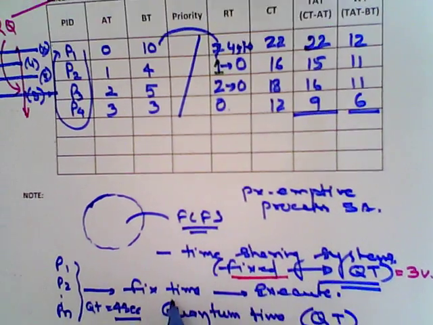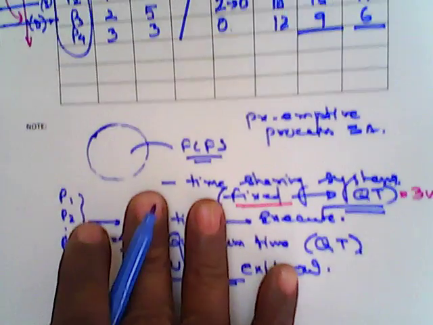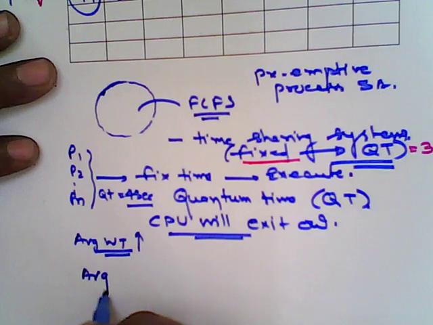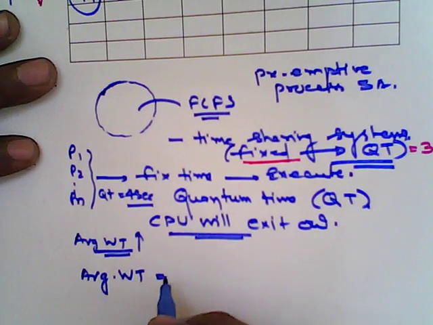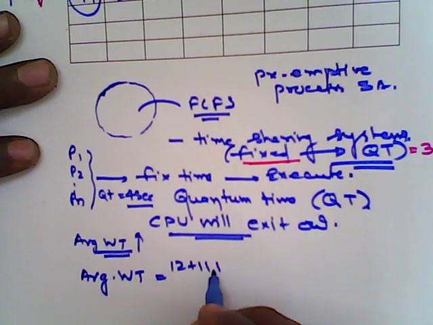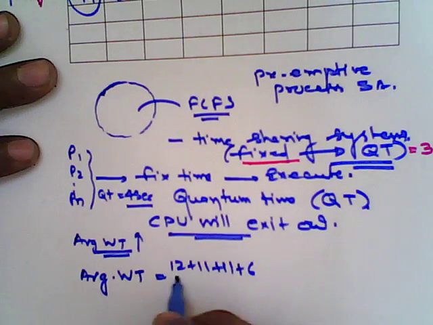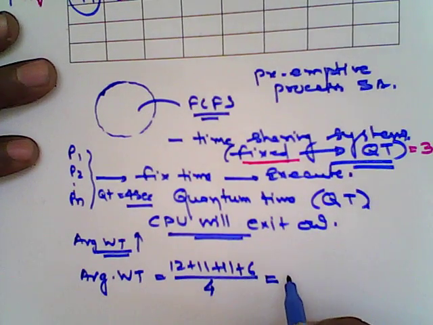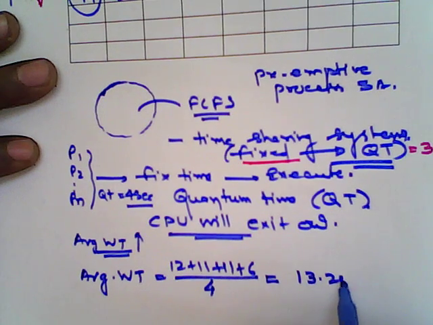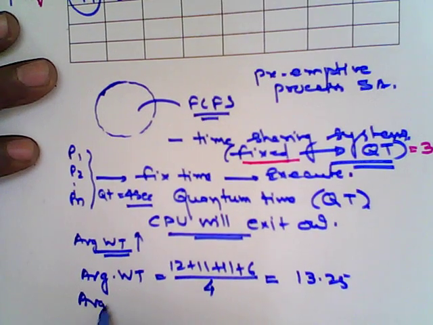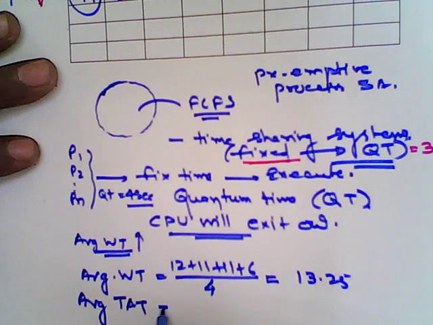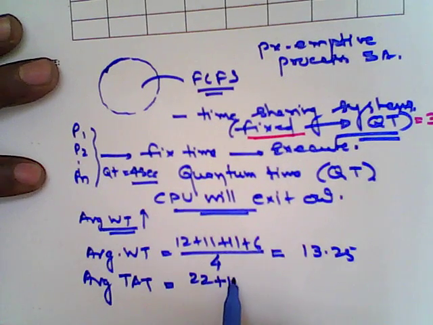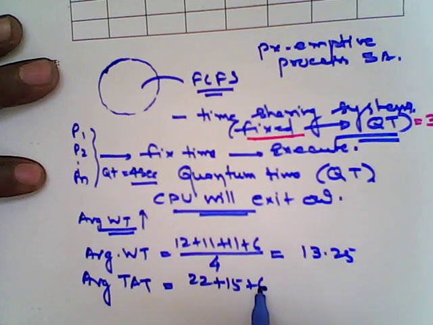Average waiting time is 12 plus 11 plus 11 plus 6 divided by the total number of processes. There are 4 processes, so that comes to 13.25. Average turnaround time is 22 plus 15 plus 16 plus 9 divided by 4, and we get around 18.75.